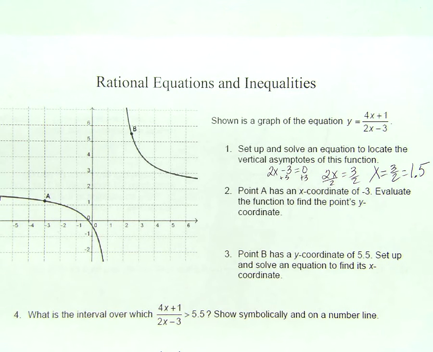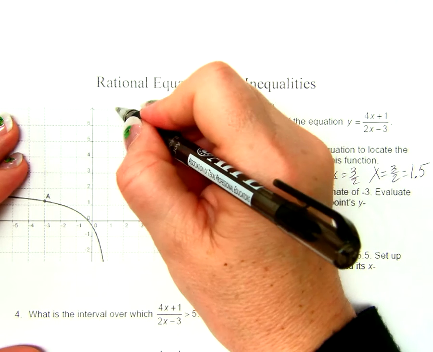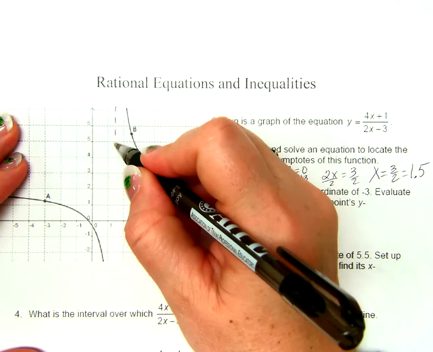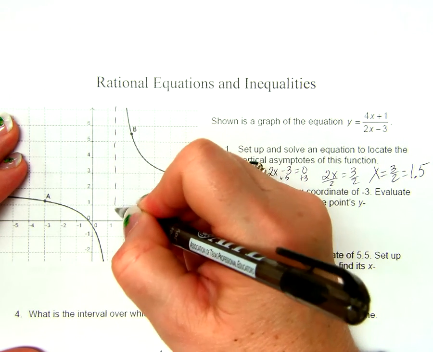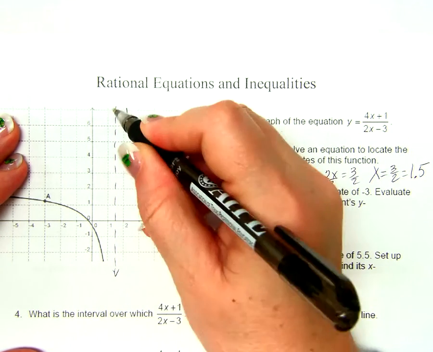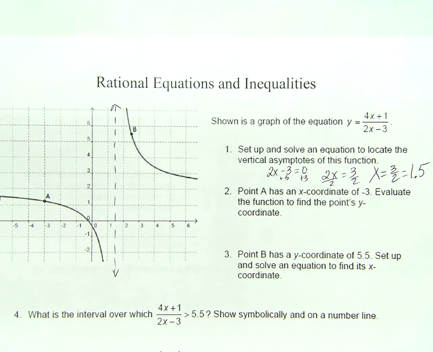So we need to draw on our asymptote. That's going to help us a lot. It's crossing the x-axis at 1.5, right? Okay, we got that?